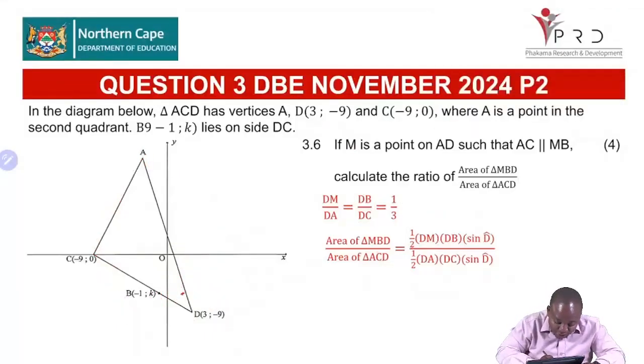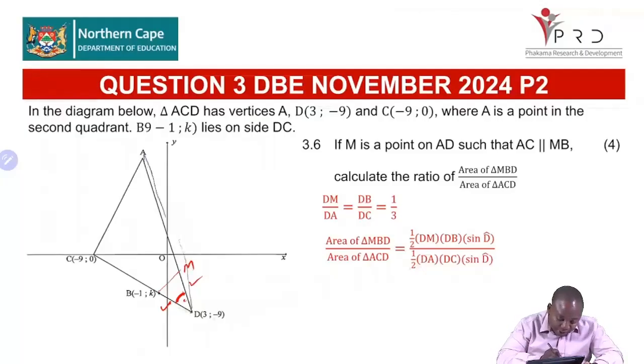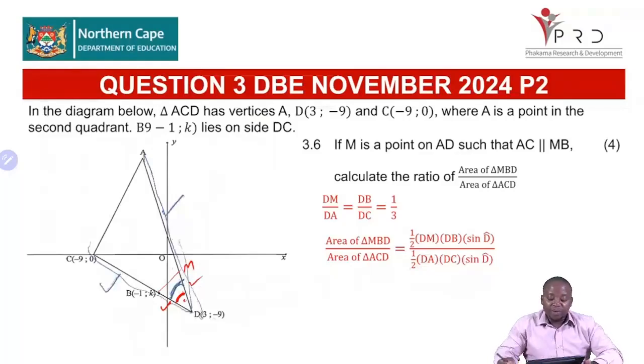We take this side and this side for the smaller triangle, and for the bigger triangle we say 1 over 2 DA times DC times the sine of D again, because D is a common angle.